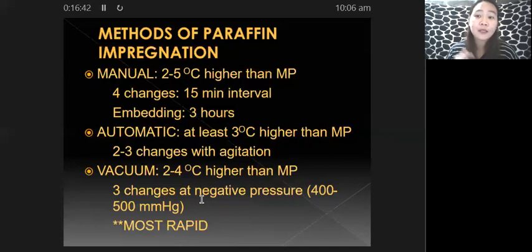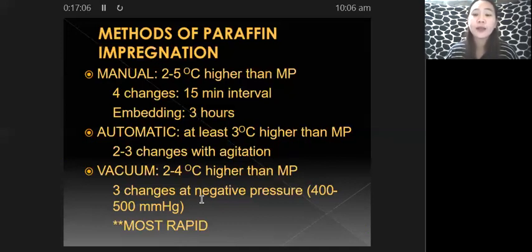Remember, the first thing that should take place in impregnation or infiltration is that you have to remove first your clearing agent. So the faster you remove your clearing agent, the faster your paraffin wax will be able to penetrate your tissue sample.